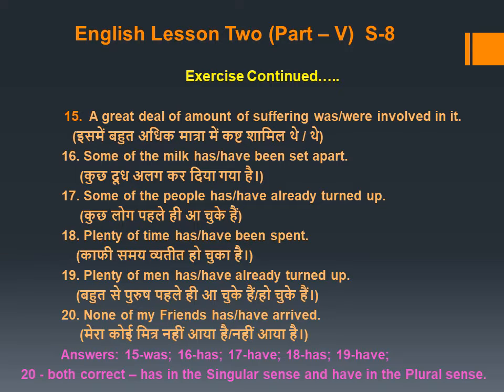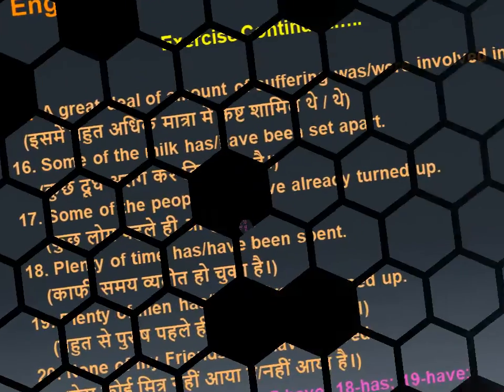So you can try to solve this exercise yourself and then check with the following answers to come to a conclusion for your answer sheet. Okay, the exercise is completed here, and we'll move to our next slide, slide number 9.